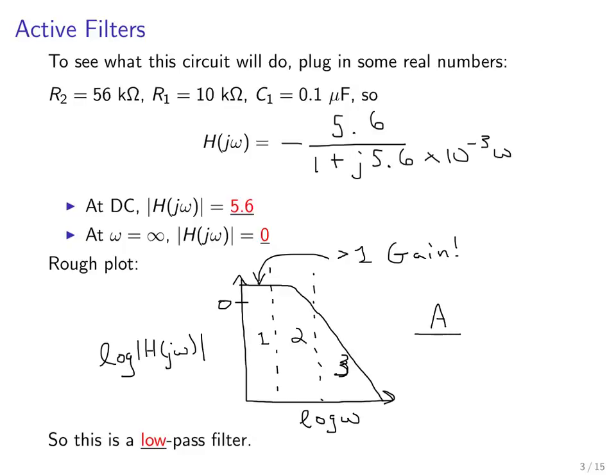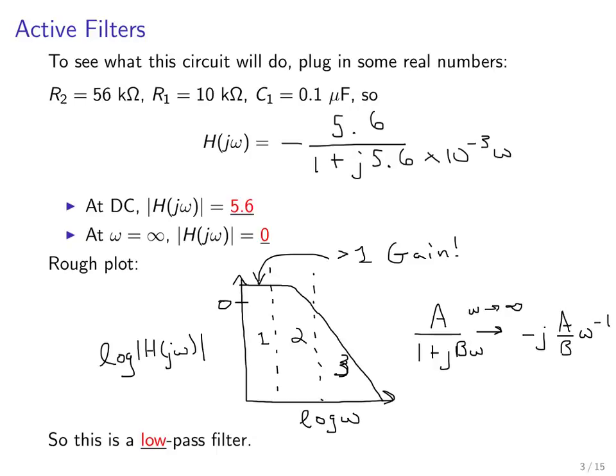If we write down the general form for a low-pass filter of this type, it's going to be some scalar A on the top over 1 plus j times b times omega. And if you take the limit of this as omega goes to infinity, we get approximately minus j times a over b times omega inverse, right?